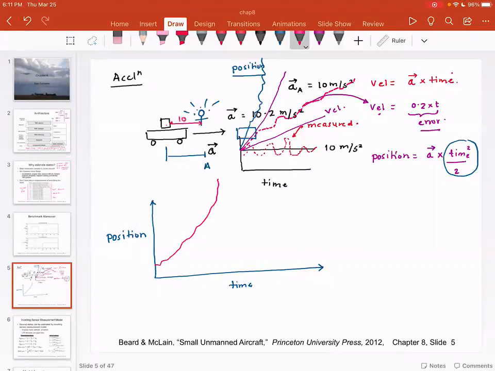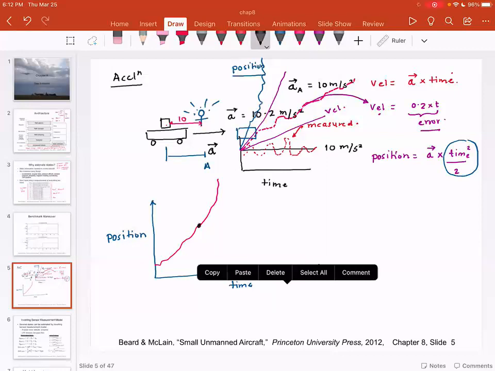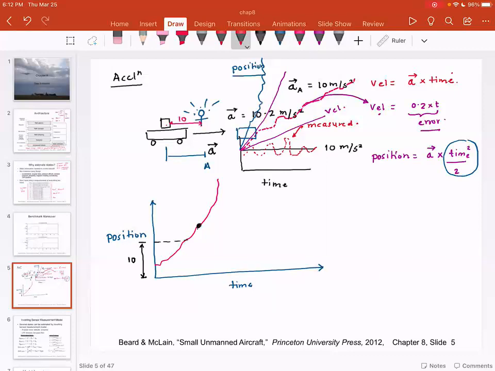So as soon as the accelerometer reaches 10 meters, even though my system is indicating I'm over here, my lamppost is at 10 meters, so I can actually correct it. I can bring my position back here, and I will treat this as an error, and I will compensate for it.